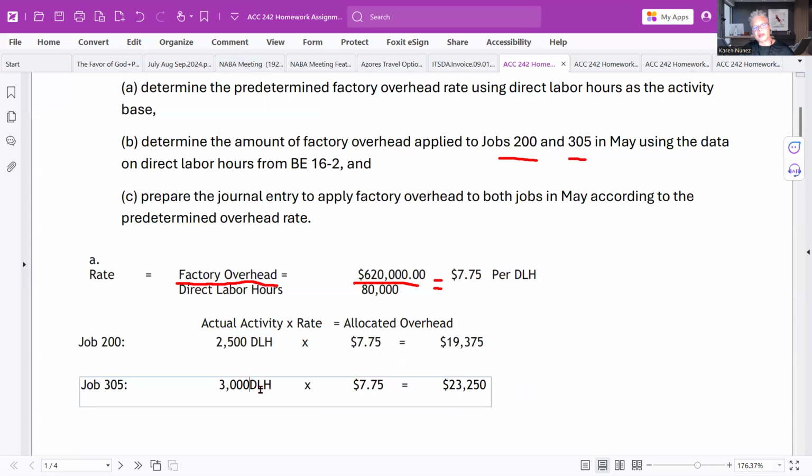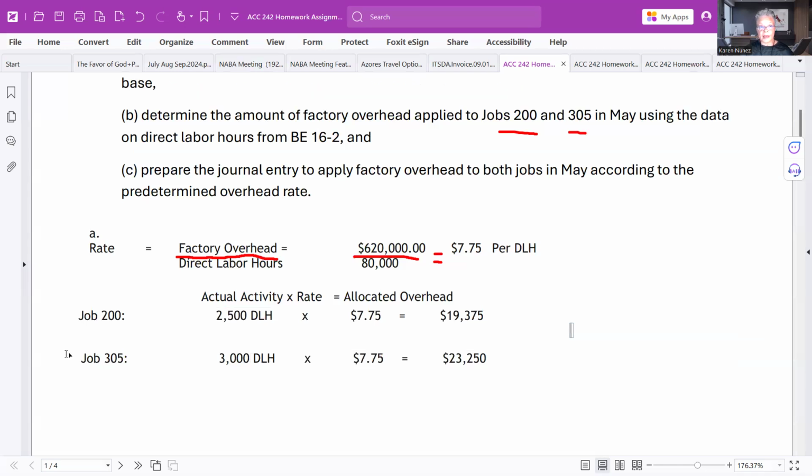So we're always going to apply overhead in this way. It's always going to be the actual activity, whatever that activity base is. You want to take that actual activity base and multiply times that predetermined overhead rate, and you'll get the allocated overhead. So that's the amount of overhead that we've allocated to these two jobs.